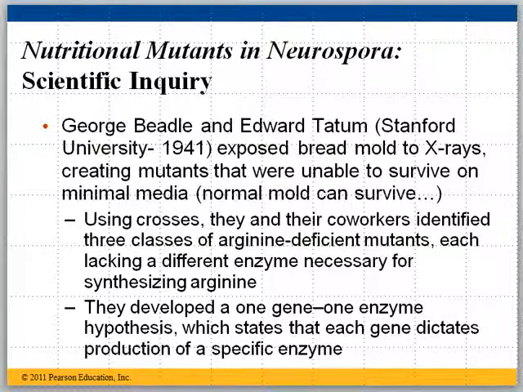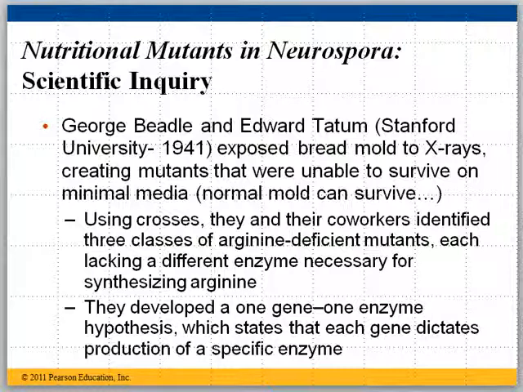It only supplies some basic nutrients like salt, glucose, and biotin. The normal mold can actually survive just on these minimal nutrients because it can produce all the other nutrients that it needs itself. But they were trying to change the genetics of the mold and make it so that one of the mutants could not survive on just the minimal media. They ended up creating basically three types of mutant mold that could not survive on the minimal media.